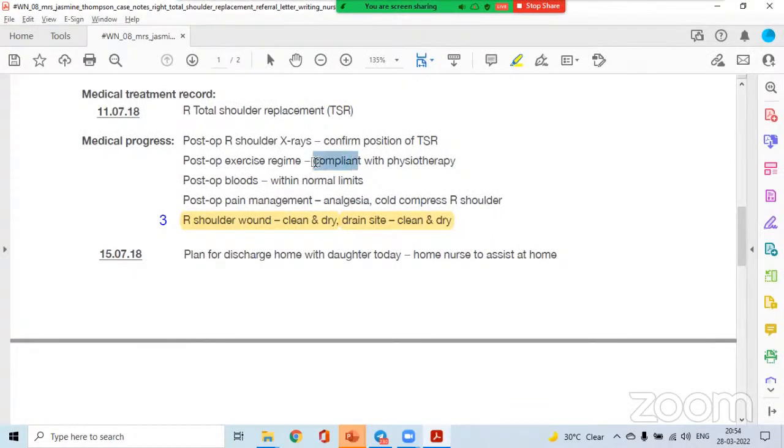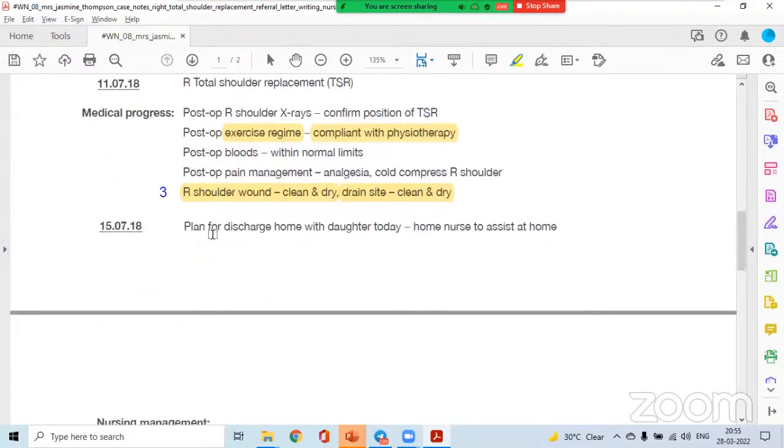Compliant with physiotherapy exercise regimen, we have already taken that one. Normal means no need to tell. Post-operative pain management, analgesia and cold compress, right shoulder finish, that is not needed now.